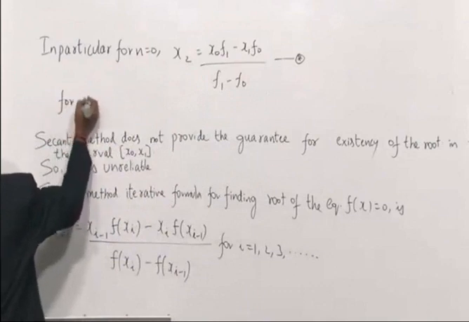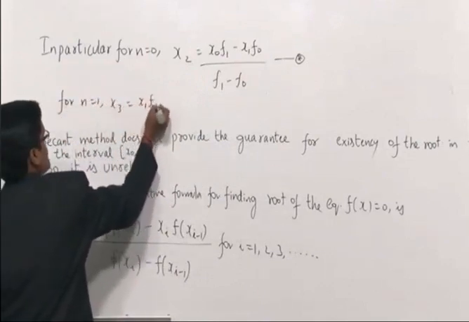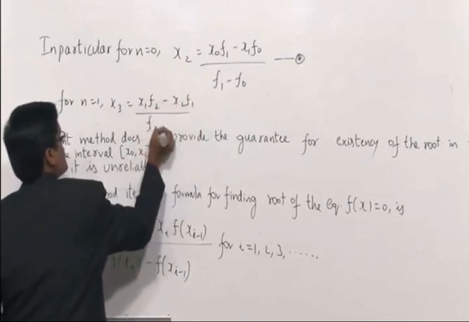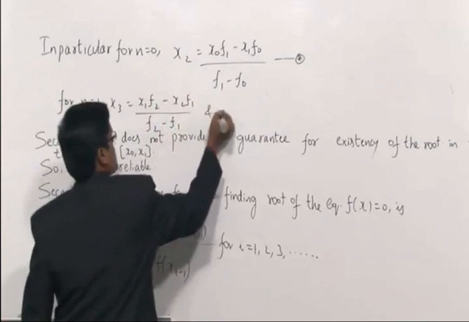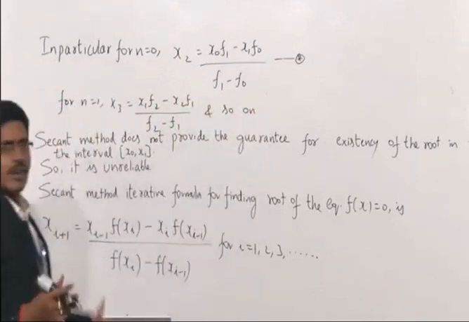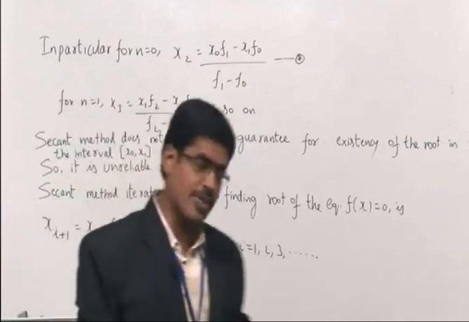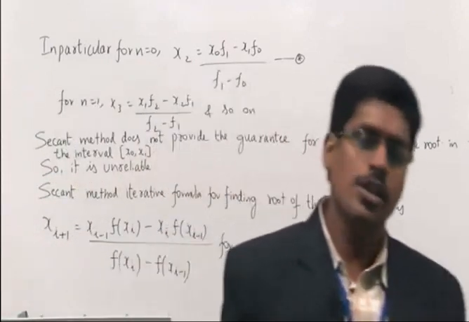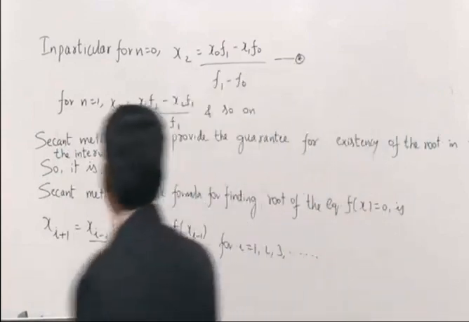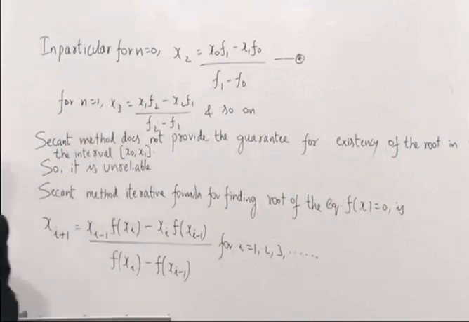Similarly, for n = 1, x3 = (x1 f2 - x2 f1) / (f2 - f1), and so on. Here we do not need to check everywhere that f(x0), f(x1) and f(x2) are of opposite signs. Just by putting i = 1 by 1, you will get x values one by one.